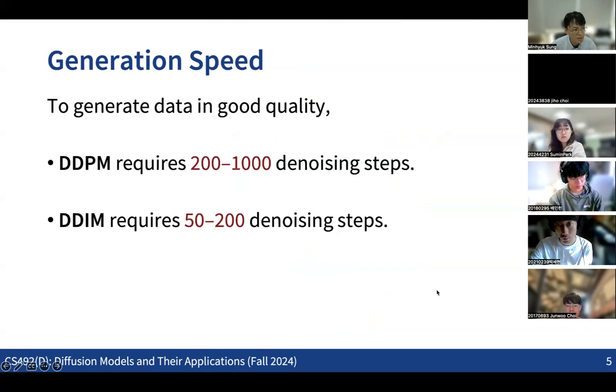If you use DDPM for image generation and many other things, typically you will need to run from 200 to 1000 denoising steps to get okay outputs, right? With DDIM, the good thing is that we can reduce the number of denoising steps to 50 to 200, which still involves quite a lot of computation in the denoising process.